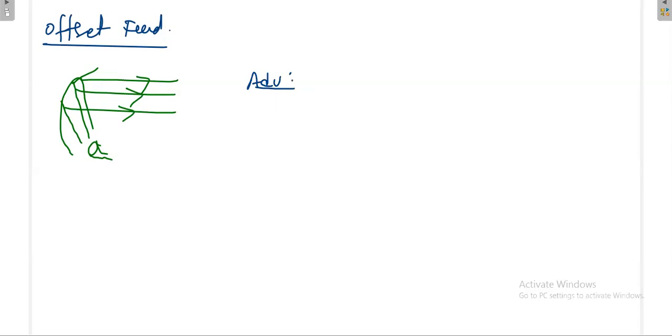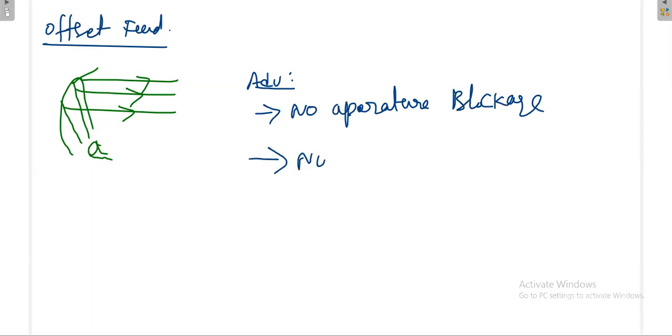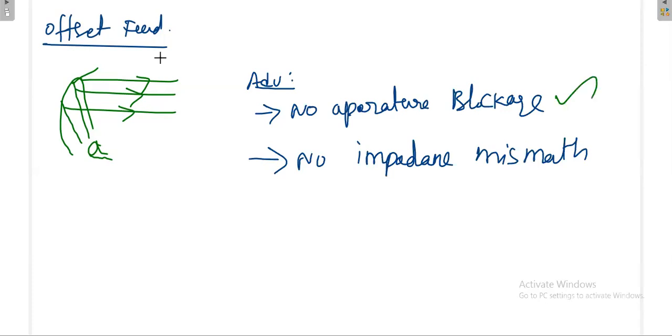no aperture blockage, and no impedance mismatch. This is most important. Mostly they'll ask in the exam, what is the advantage of the offset feed?